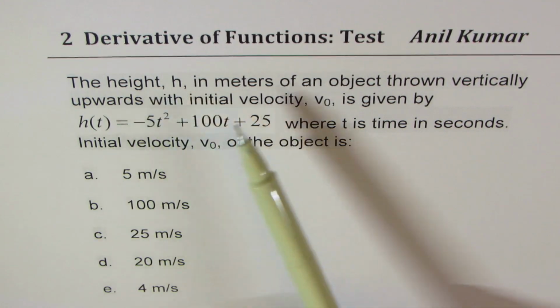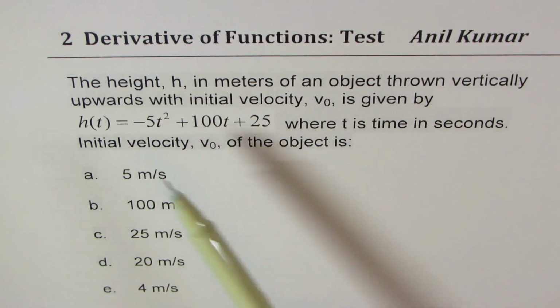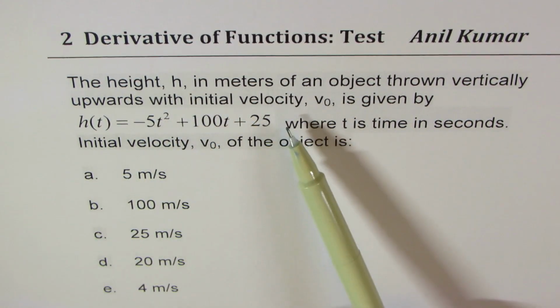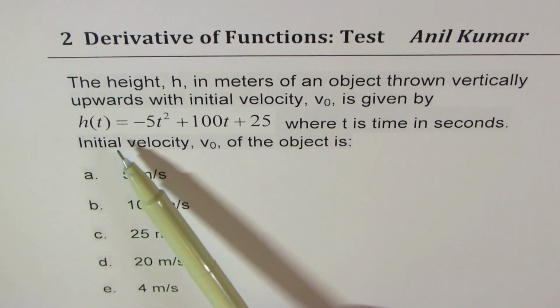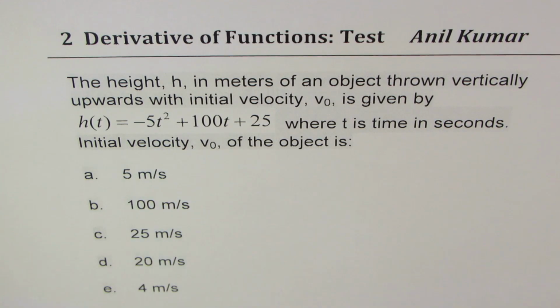It says the height h in meters of an object thrown vertically upwards with initial velocity of v0 is given by h of t equals minus 5t squared plus 100t plus 25, where t is time in seconds. Initial velocity v0 of the object is, 5 choices are given to you.